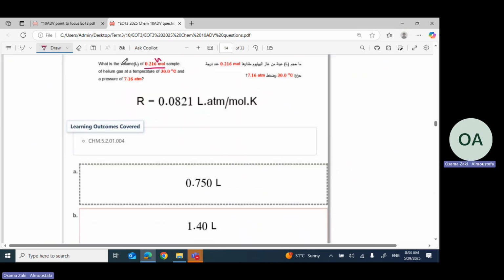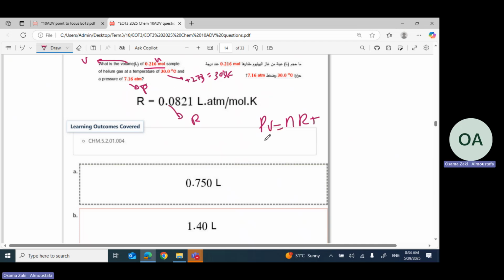Moles, this is n. Find volume V. Temperature plus 273 equals 303 Kelvin, and this is the pressure. Okay, and this is R. You can use the formula PV equal nRT.